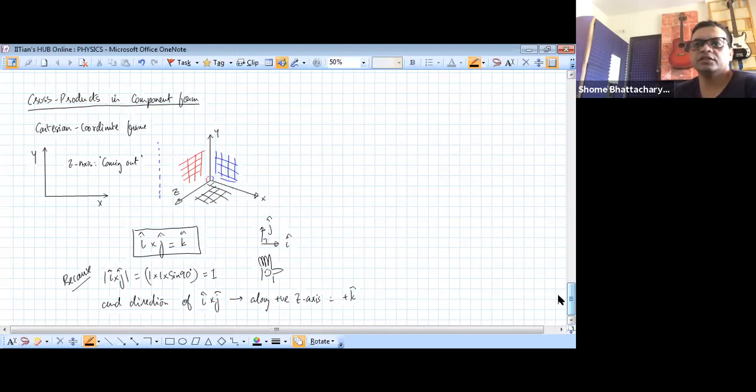So this is very important to understand. If we draw an x and y axis, the z axis is always drawn in such a way that i cross j gives you the direction of k.